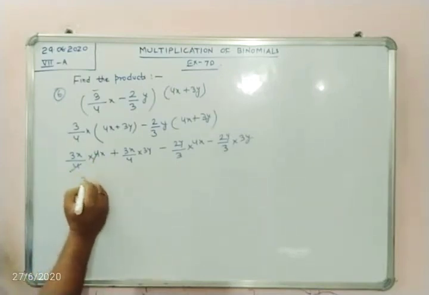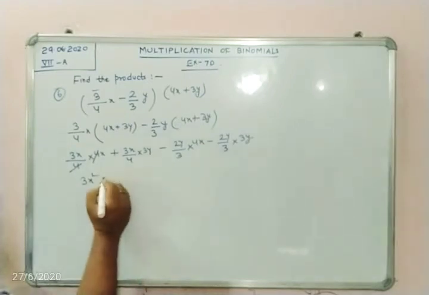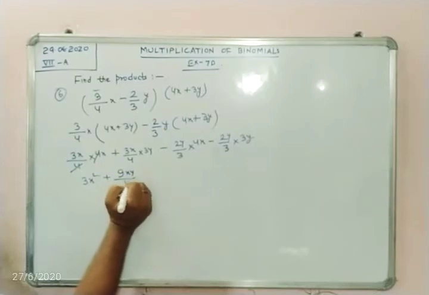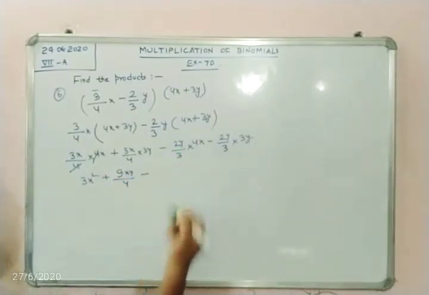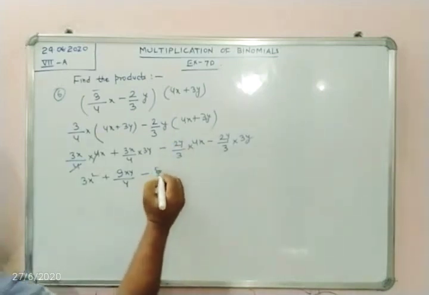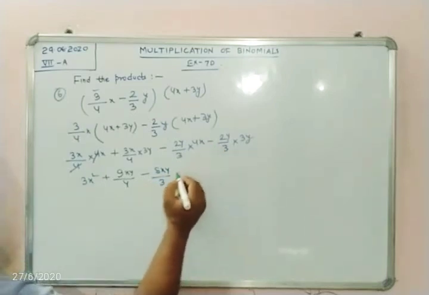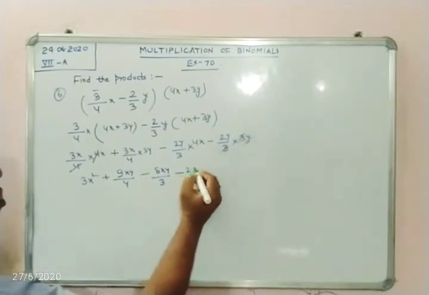So 3x square, and as a leftover plus 3 3 is 9xy by 4, minus, there's no possibility of cancellation, so 2 4 is 8xy by 3, then minus 3 3 cancel, so this gives you 2y square.